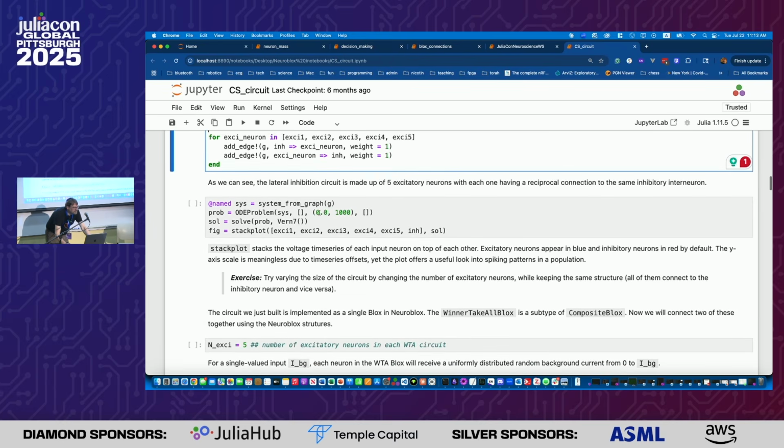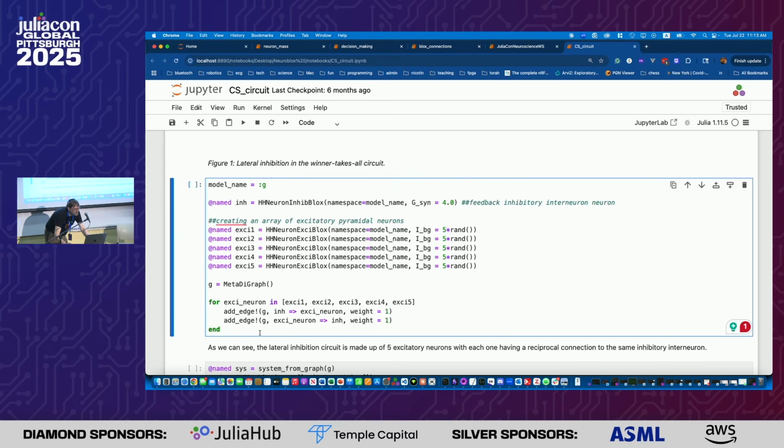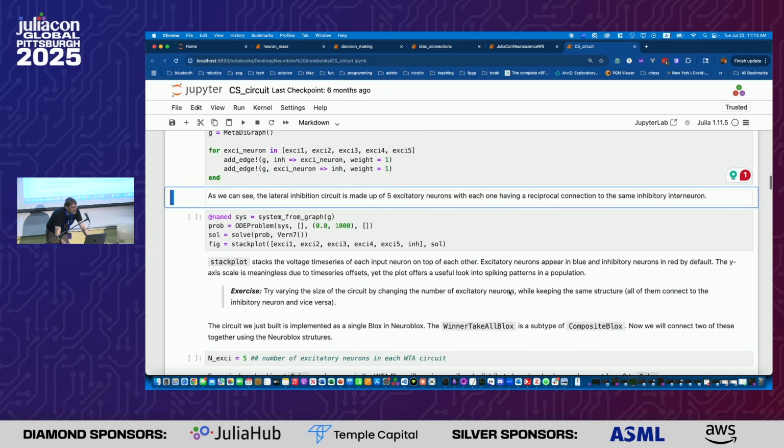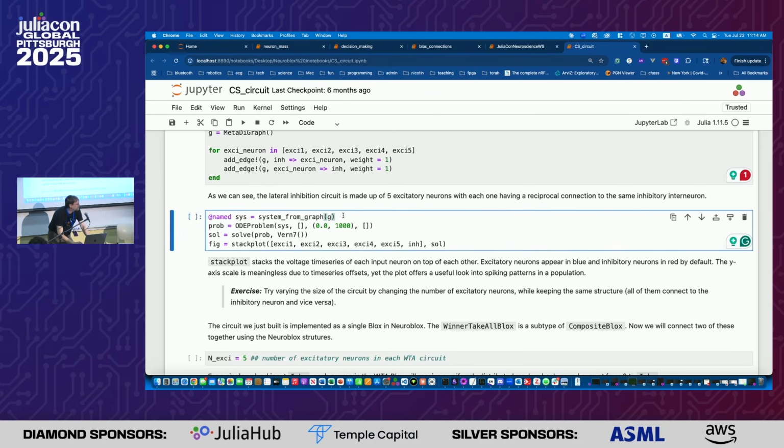So did I execute the cell? No, I didn't. Okay. So we built this graph, and then the command system_from_graph is taking this graph and turning it into an ODE system, right? So it assembles all the blocks, puts them together, then looks at all the connections and adds the equations of the connections into one big ODE system, and then also simplifies it.